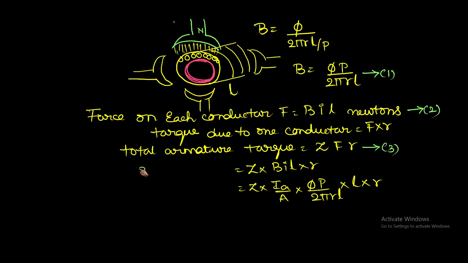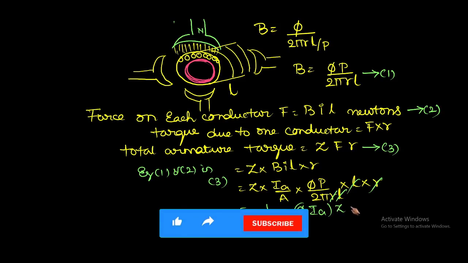Here R and L will get cancelled, and finally we have 1 by 2 pi phi Ia Z into P by A.